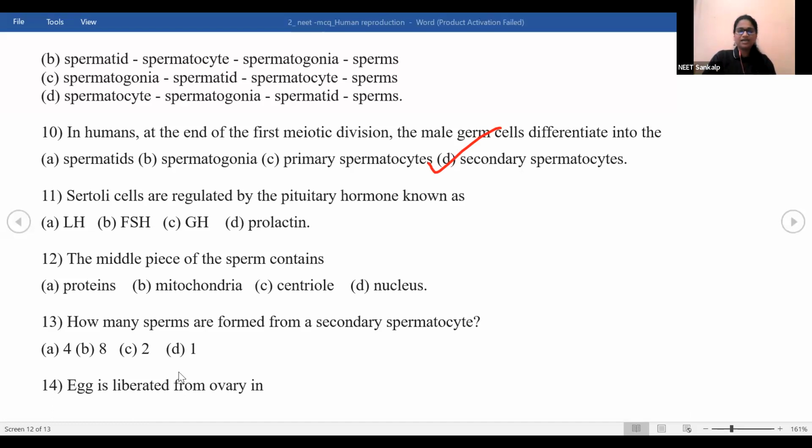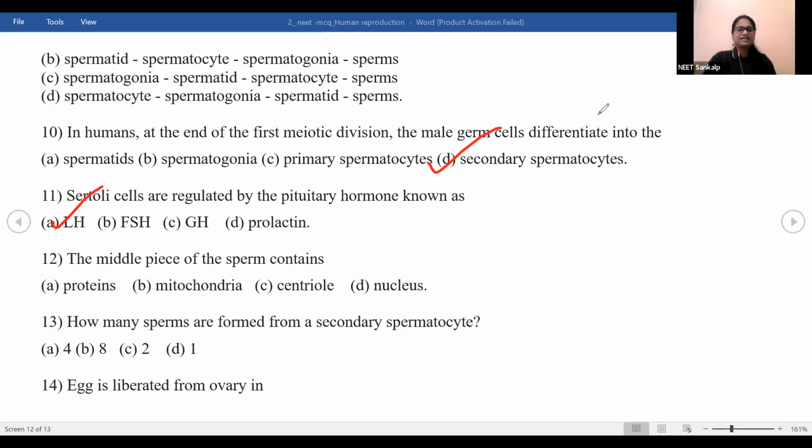Anvita answered it, Manikantha answered it. What about others? Be fast. So the right answer is option A, luteinizing hormone.